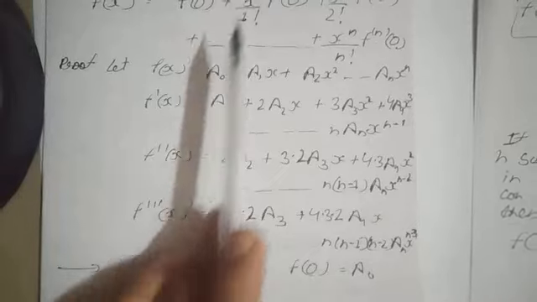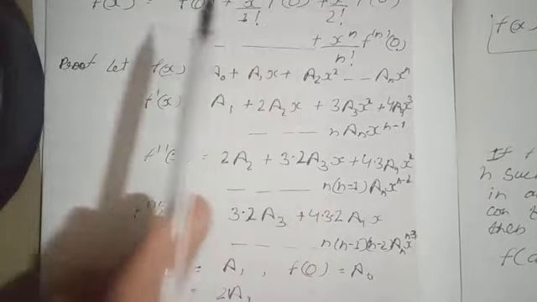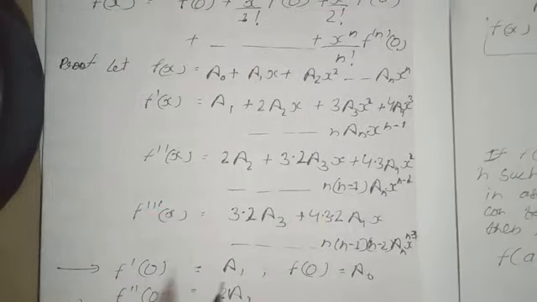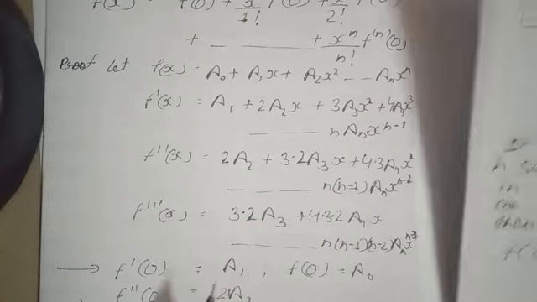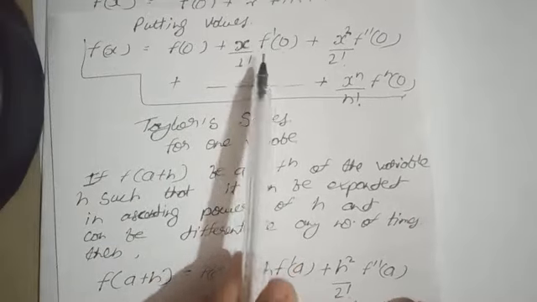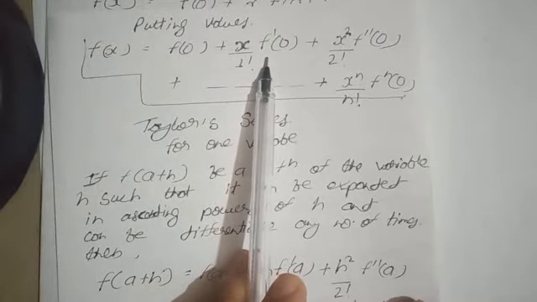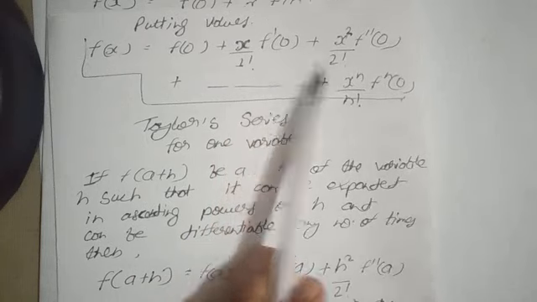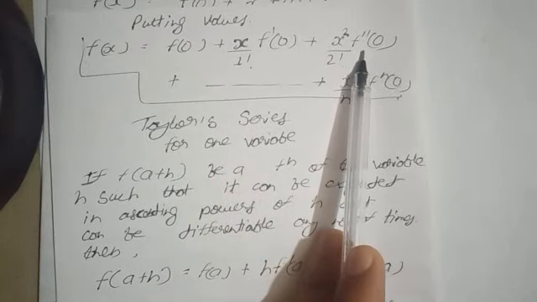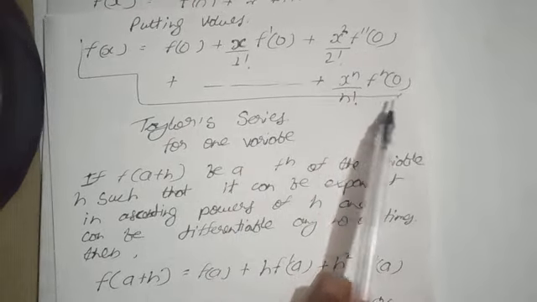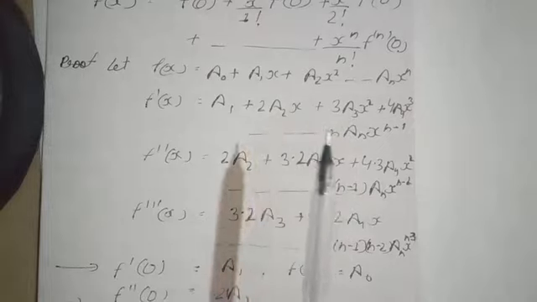After that, the value of a1 is f dash 0, so we put f dash 0 in the place of a1, and similarly f double dash 0 in the place of a2, and f^n(0) in the place of a_n. So this is the Maclaurin series for one variable.